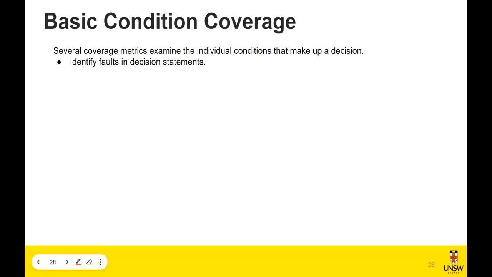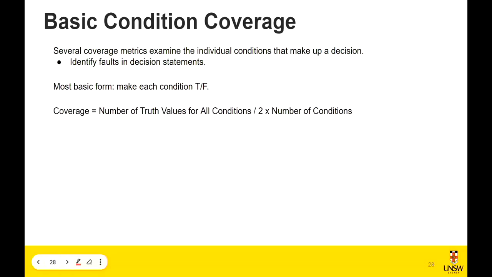These are used to identify faults in those if and else or while statements. The most basic form is to make sure that every condition can take the value of true and false at least once. And the coverage is calculated like this.